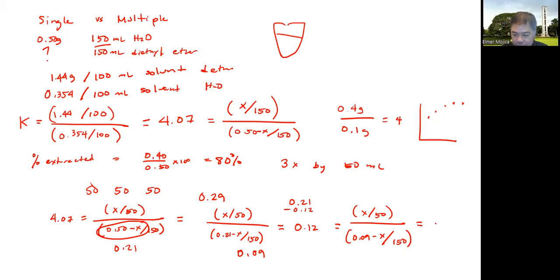You have 0.05, so in the end you only have 0.04. What's the percentage of the material that's extracted? 0.46 over 0.50 times 100.